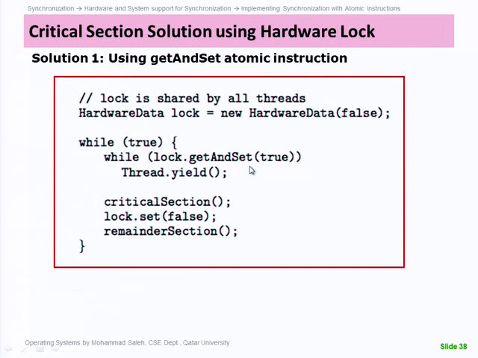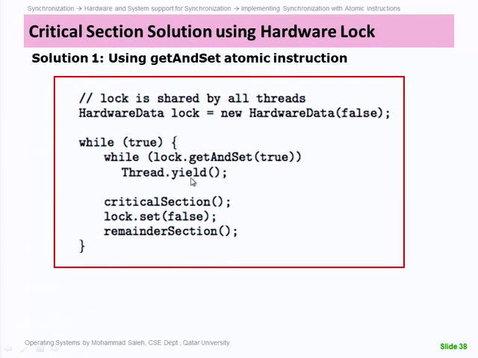And you set it to true, which means you obtained the lock. And what is returned to you is false, because the initial value was available. So if it returns false, then you are out of the loop. And if you are out of the loop, it means you are granted entry. The lock was available, you managed to get it and lock it, and you are already in the critical section.